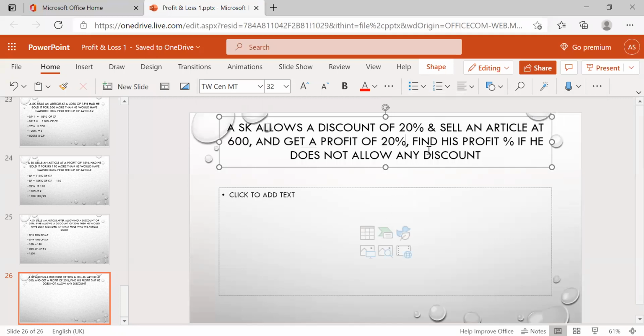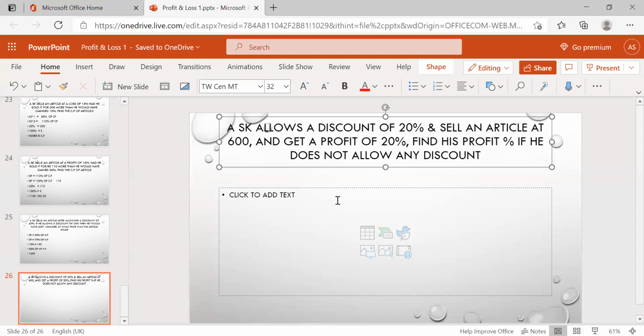Now they're asking us to find the profit percentage if he does not allow any discount. So the discount is 20% before, now there is no discount, 0% discount. 0% discount means the selling price equals the market price. Do you remember this point? 0% discount is nothing but selling price equal to market price.